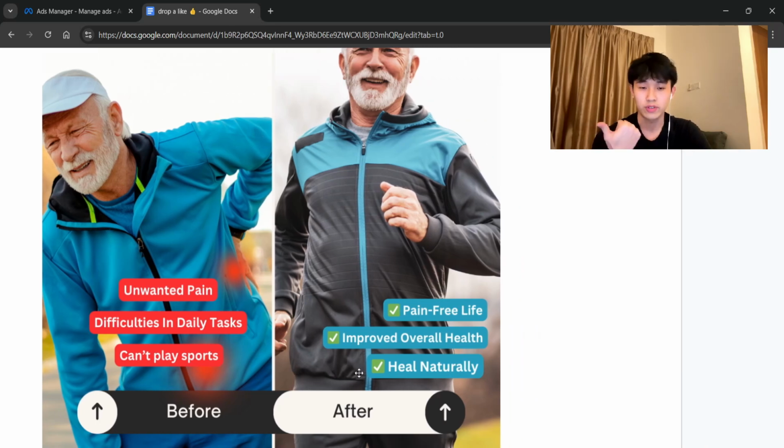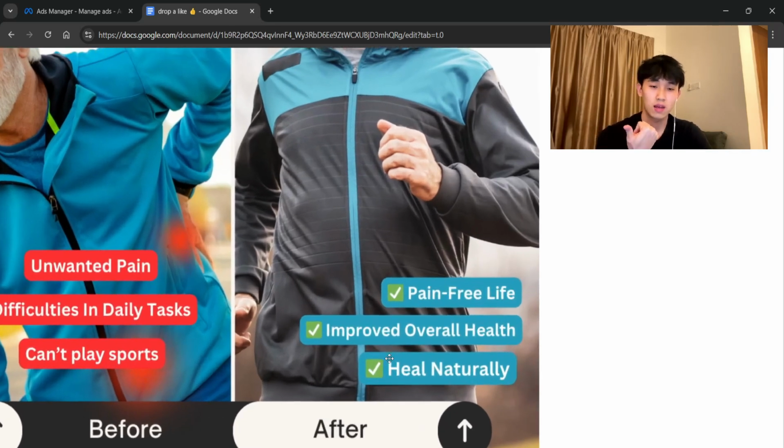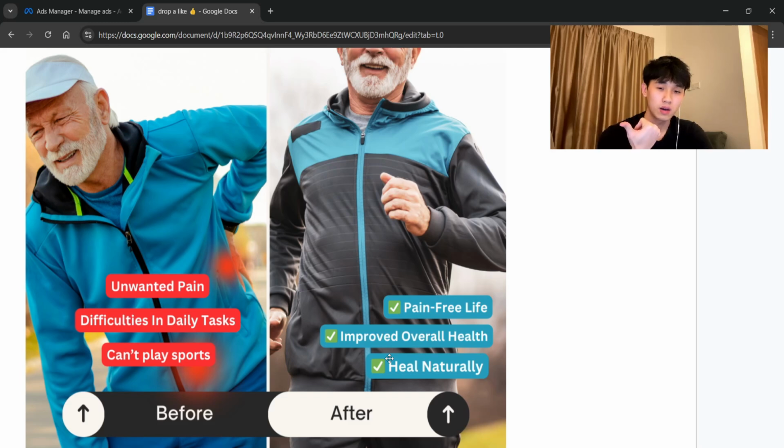And after receiving our treatments, we show why they need chiropractic treatments. Because after going through treatments, you'll start living a pain-free life. You improve your overall health and heal naturally without surgery or medications. And keep in mind, in this case, the example would be chiropractors.